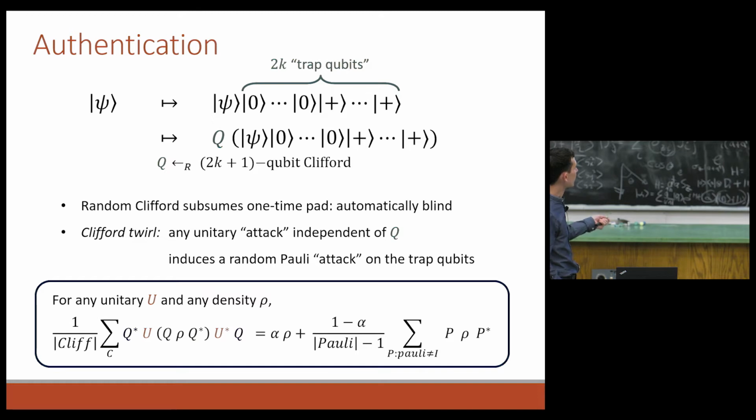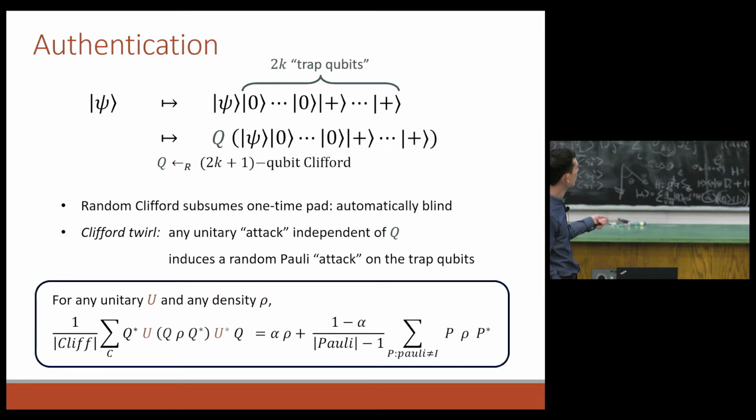What does that look like? Well, it looks like a constant multiple of my original state that got decoded, plus a weighted combination of the original state to which was applied a uniformly random Pauli operator, where a uniformly random Pauli is like on each qubit you apply a uniformly random X or Z or X times Z. Okay?